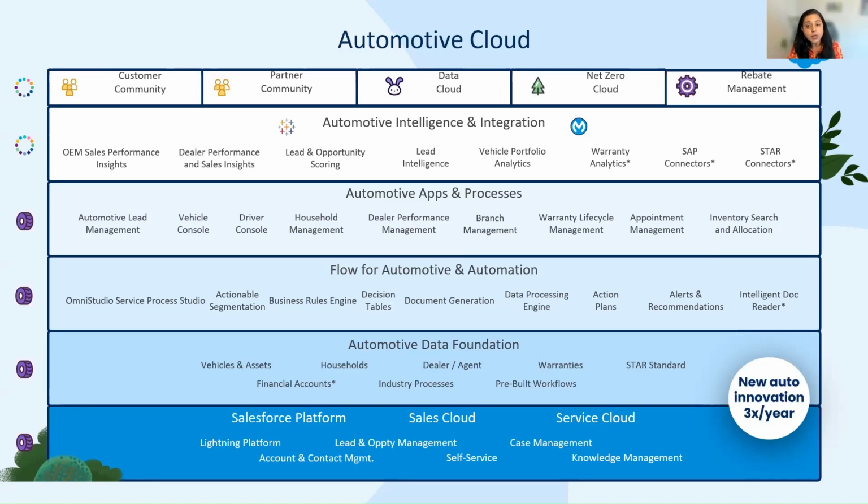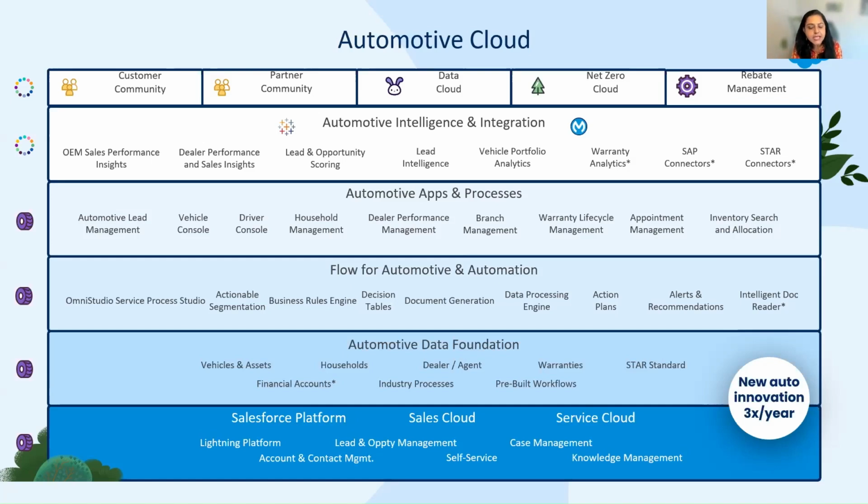The layer above is not part of Auto Cloud, but it's called CRM Analytics for Automotive. So we've built an analytics SKU that is, again, speaking the language of dashboards that our customers care about. And it's very tightly integrated with Automotive Cloud. So it's not like to use it, you have to extract data and then build these dashboards. The data is available, and many of these dashboards we are bringing out of the box for you, which of course you can take and extend to meet your needs.